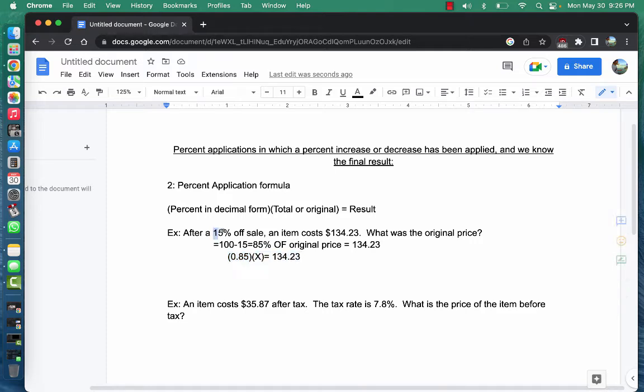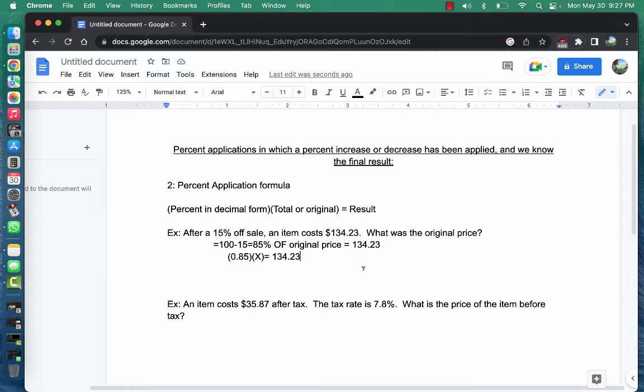So when we're in this situation, there's two things that happen. First, 15% off is a 15% reduction, a 15% decrease. So we have to convert that to a percent of the original, so we subtract that from 100. And then we have to understand that we're not taking 85% or 15% of this 134.23 because that's the result of the percent change.